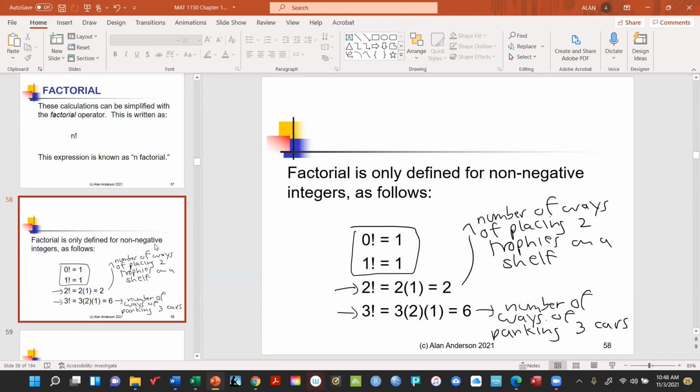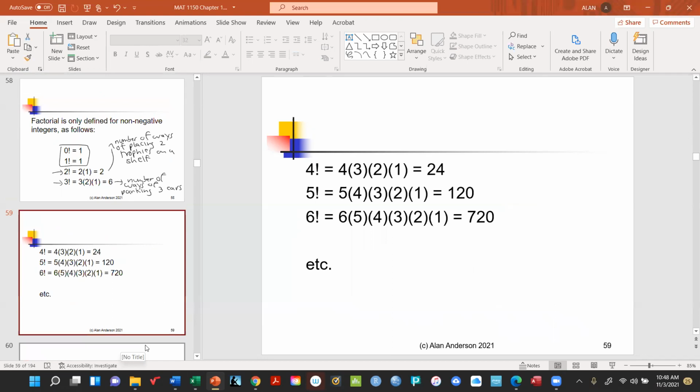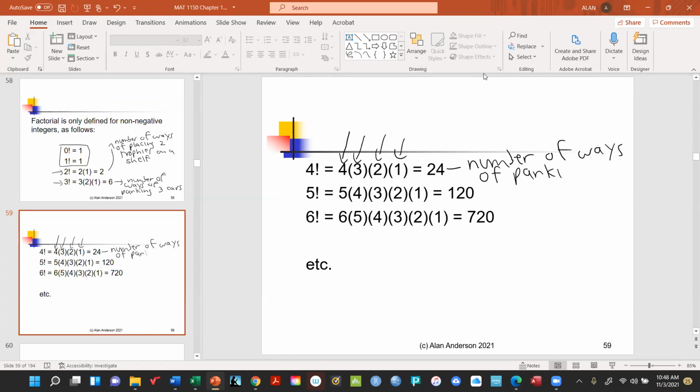And then we saw when we got to 4 factorial, this is the number of ways of parking 4 cars. 4 times 3 times 2 times 1. Again, because you can park the first car 4 different ways, the second car 3 different ways, the third is 2, and then finally 1. So that would be the number of ways of parking 4 cars.